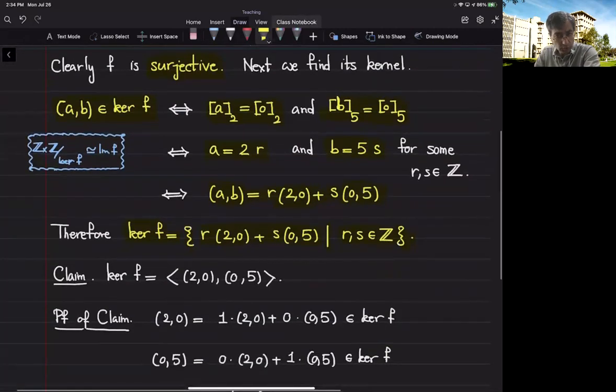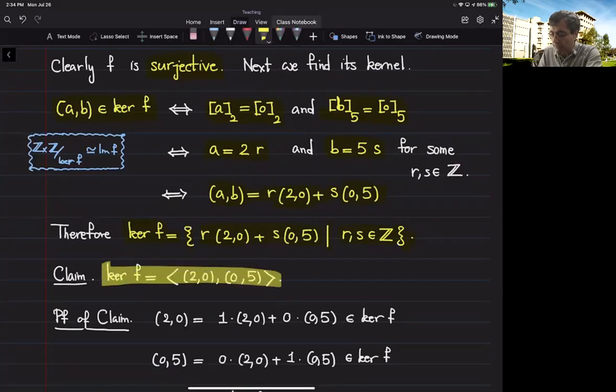The next claim we show is equality. We show that the kernel of F is the subgroup generated by 2 comma 0 and 0 comma 5.